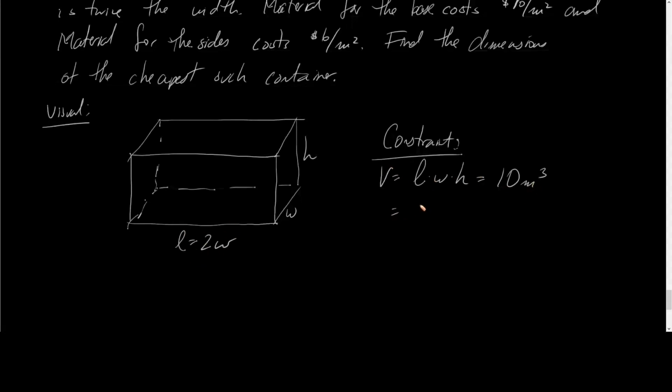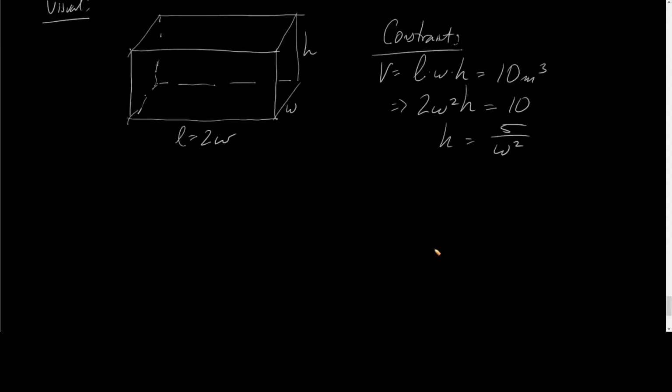So in here, what we end up with really is that 2w squared, right? Because L is 2w, and 2w times w is 2w squared. So 2w squared h is equal to 10, giving us that h is equal to 5 over w squared, right? Divide both sides by 2w squared. 10 divided by 2 is 5. So that's our constraint. Now let's look at our objective.